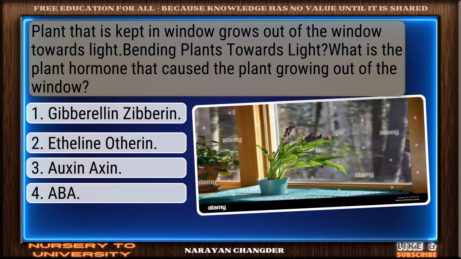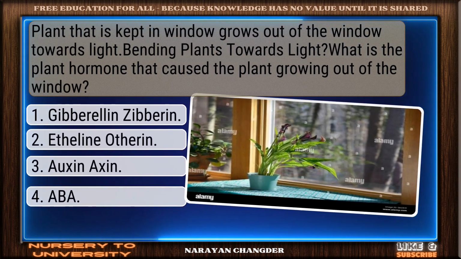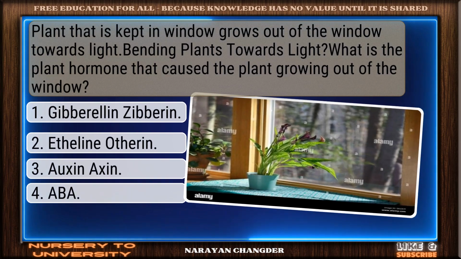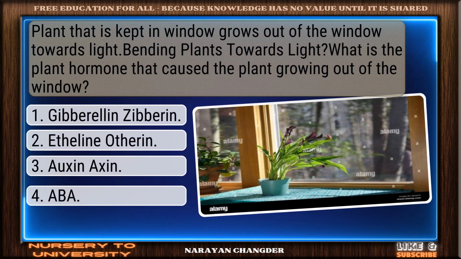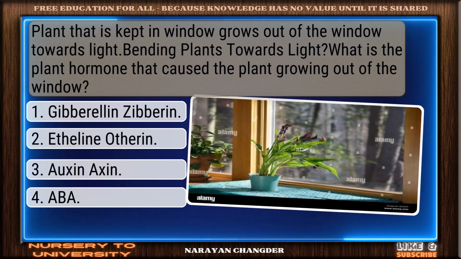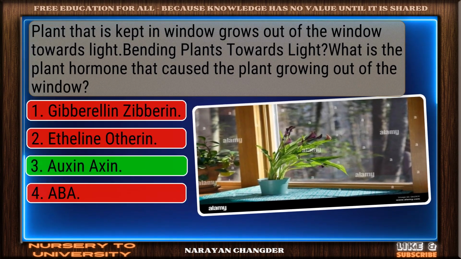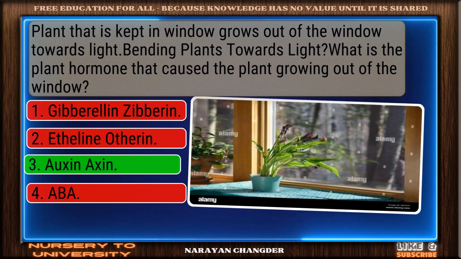A plant that is kept in a window grows out of the window towards light. What is the plant hormone that caused the plant to grow out of the window? Right choice. Auxin is best.